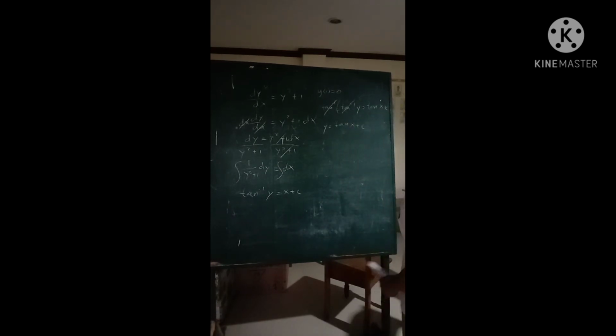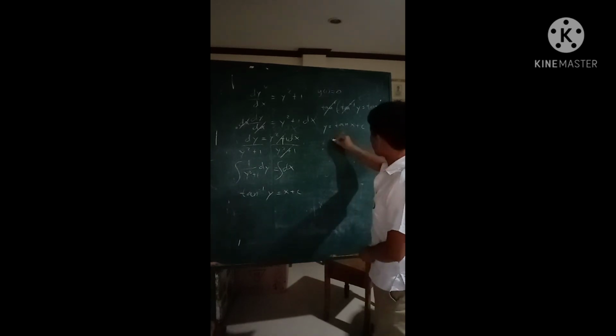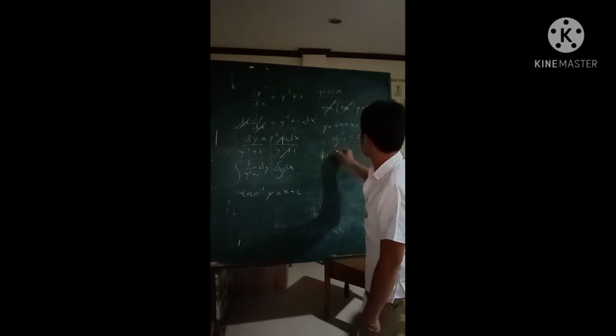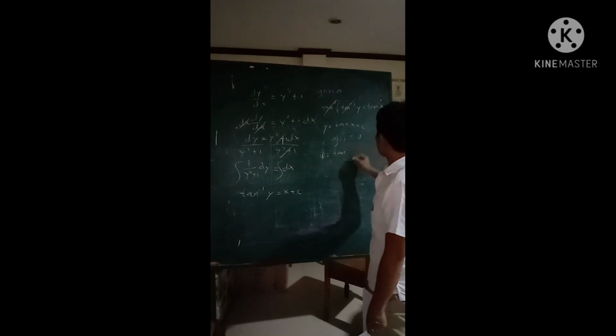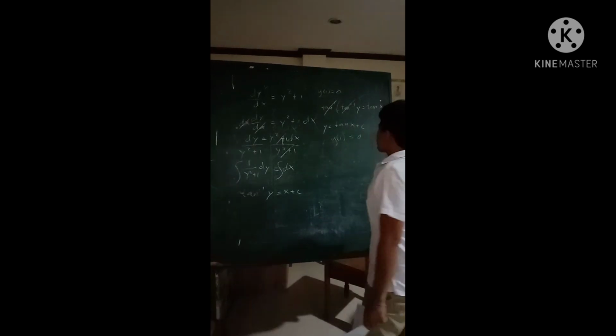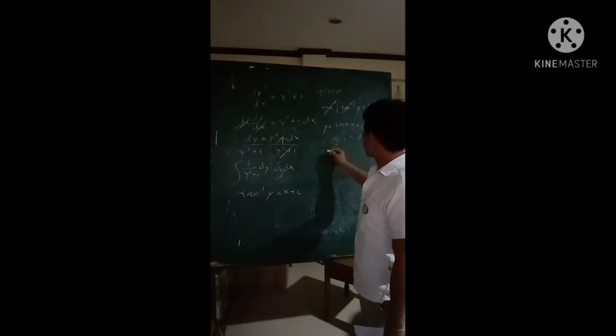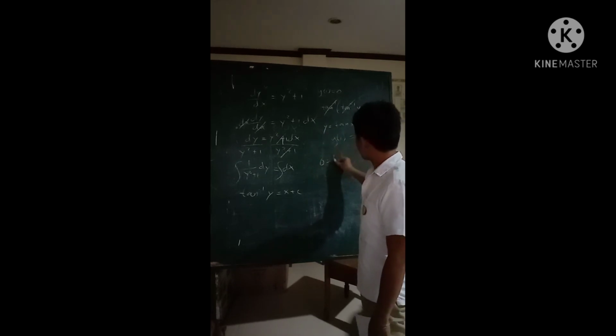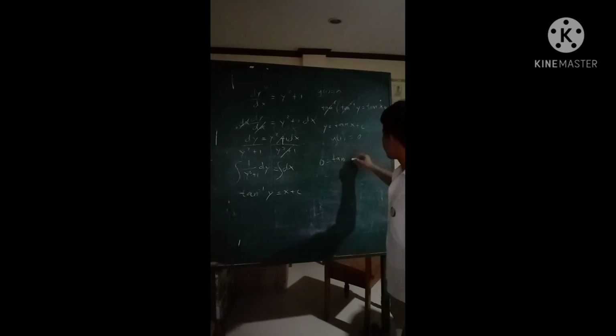Since we are given y of 1 equals 0, so 0 equals tangent of the value of x equals 1 plus c.